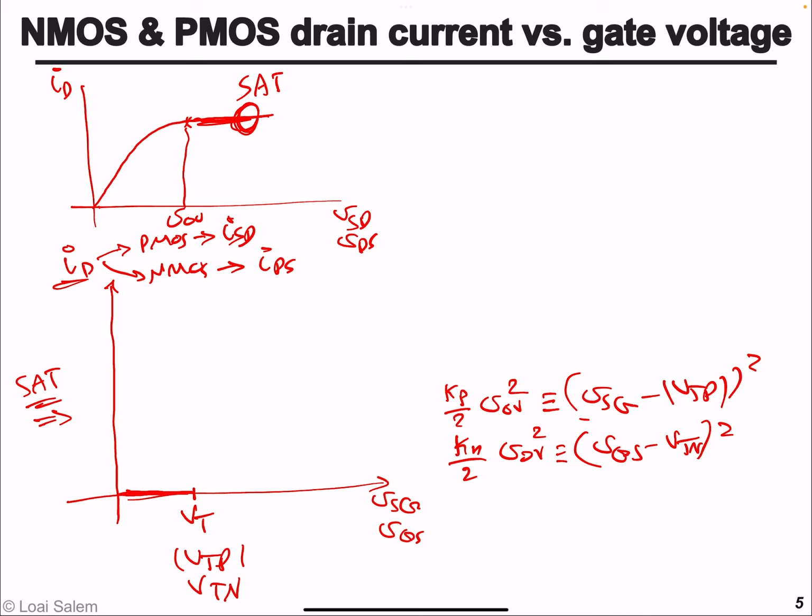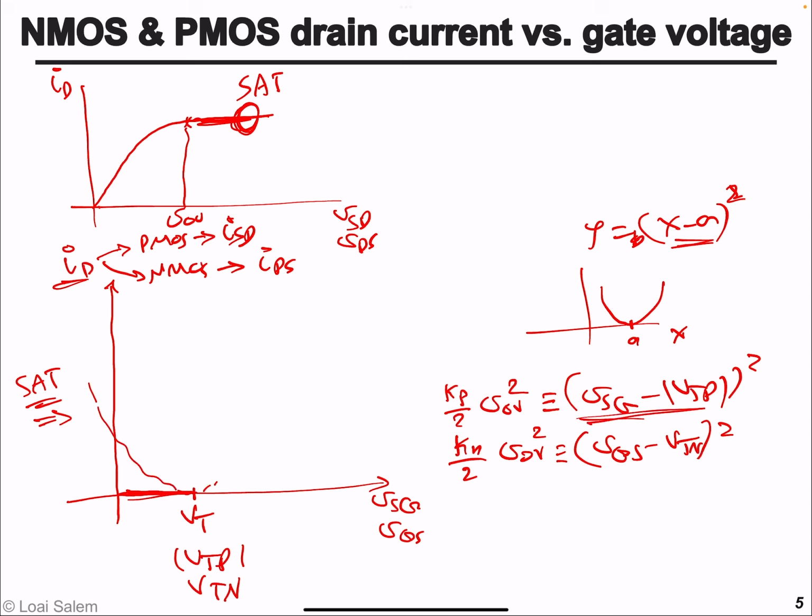So this is basically the equation for y equal to x minus a squared, whatever constant outside. And this is basically the relation for a quadratic curve centered around the point x equal to a. But since the transistor, if we sketch this relation, it will be like a quadratic curve around VT.